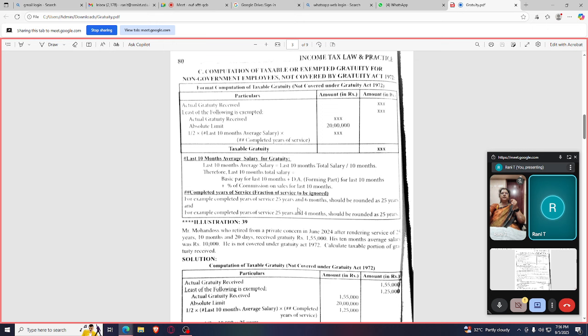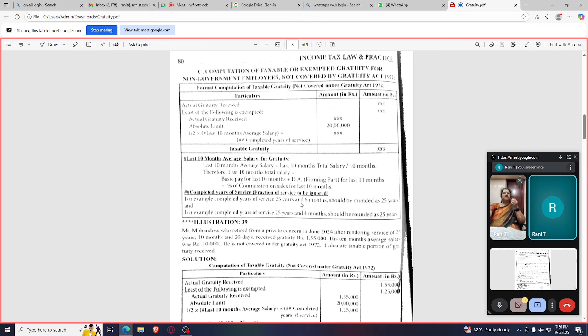For example, 25 years and 6 months should be rounded off only to 25 years. You should not take 26 years. That is, fraction of service is to be ignored. If it is 25 years 4 months also, it is 25 years. If it is 25 years 8 months, it is also 25 years. So, this is the point which you have to note down.